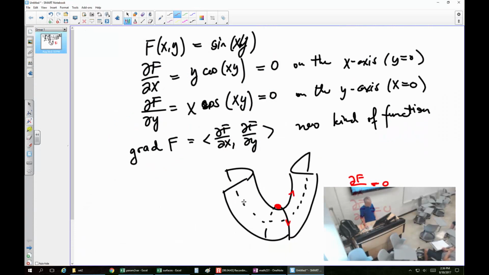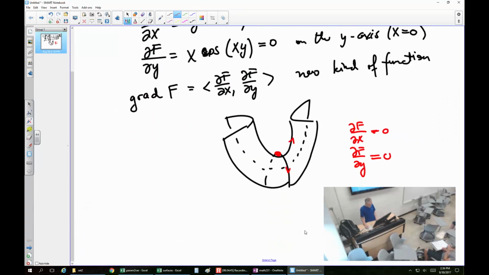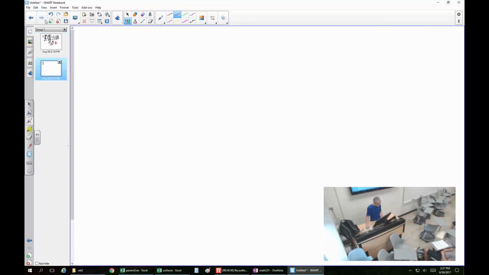The best metaphor for a parametric curve is the path of a moving particle. Okay. So parametric curve.